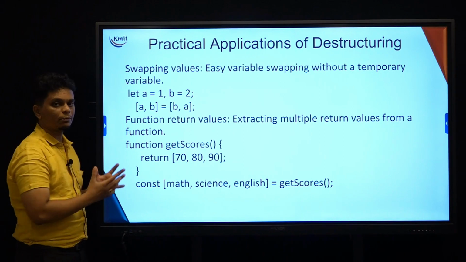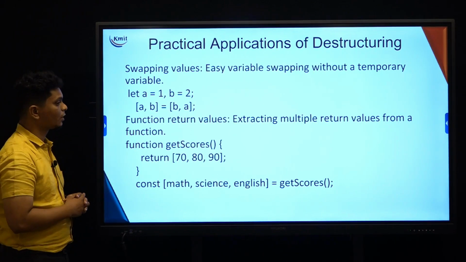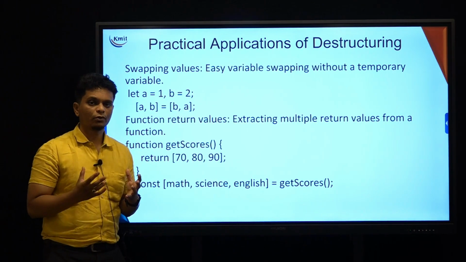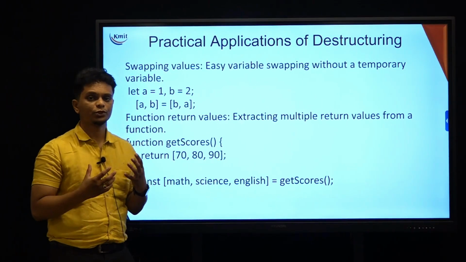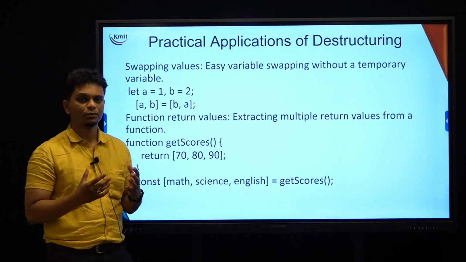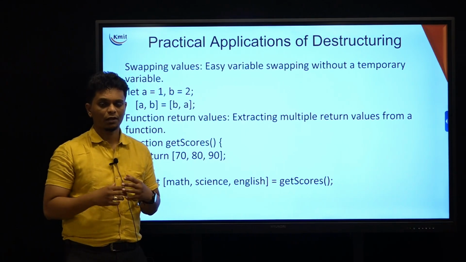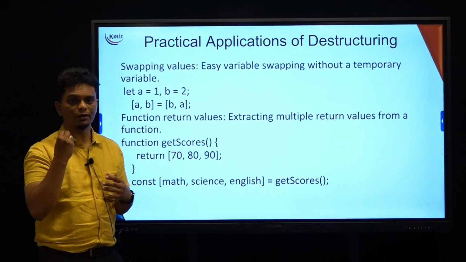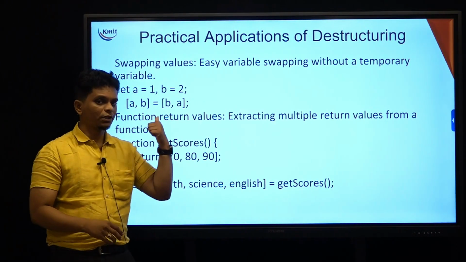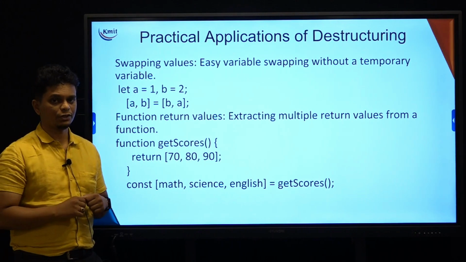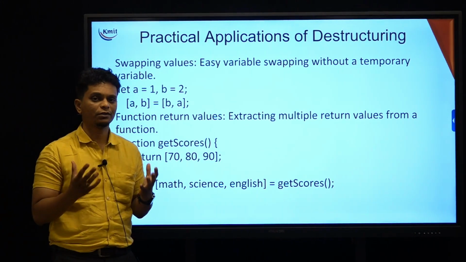So, the practical applications of destructuring. So, often we come across situations in data structures where we have to swap the values between variables, and generally we take a third variable like temp and we do the swapping. But in this case with destructuring, we need not require the temp variable.